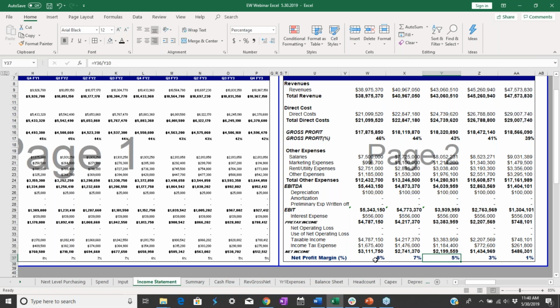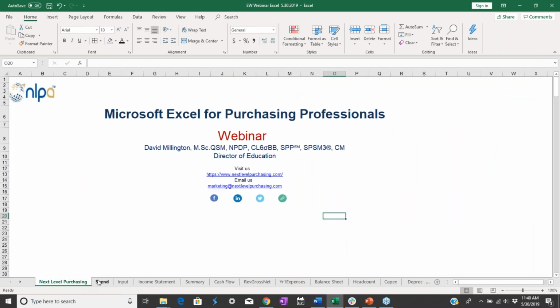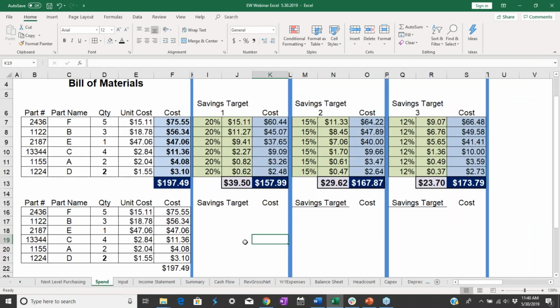And the CFO set his target and said that we need to operate at 10%. So the question is, what percentage cost reduction should we target as procurement professionals? Do we do a 2% cost reduction? Do we do a 5% cost reduction?